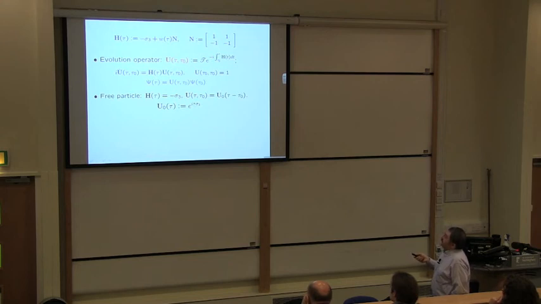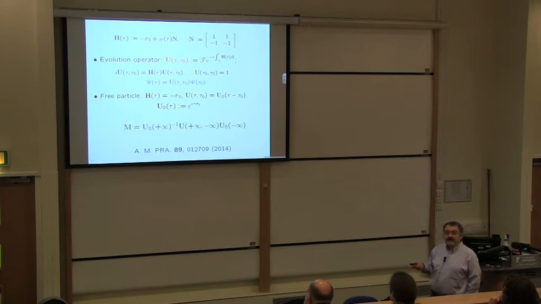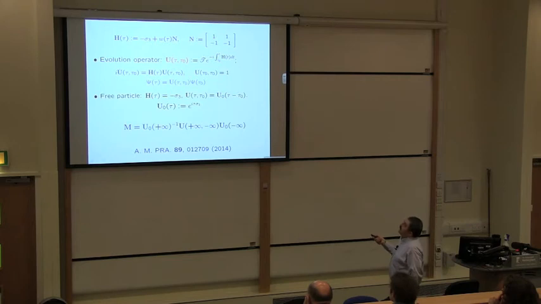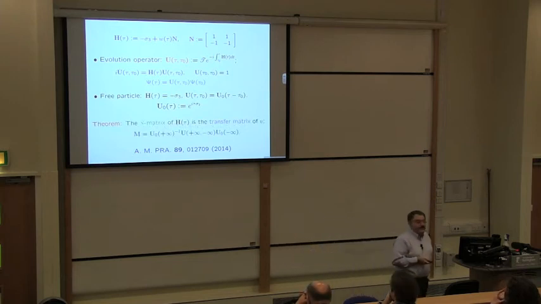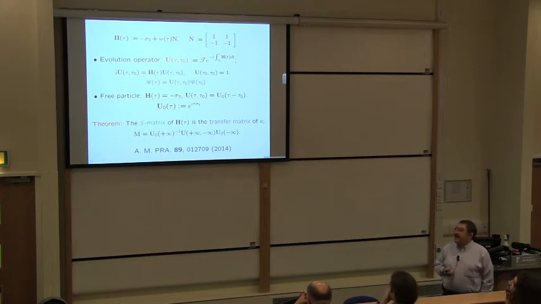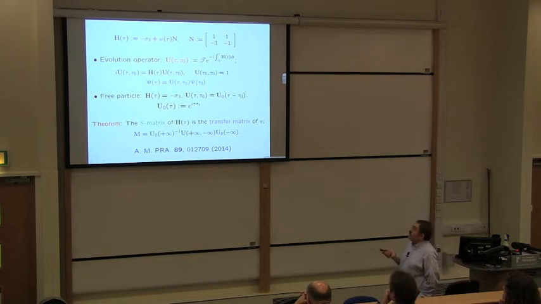Then, by a few lines of calculation, I could express the transfer matrix in terms of the evolution operator of this Hamiltonian and the evolution operator and its inverse for the free particle. And then I realized that this is nothing but precisely the definition of the S matrix. So the transfer matrix of scattering theory is actually a non-unitary S matrix for this two-level Hamiltonian system.